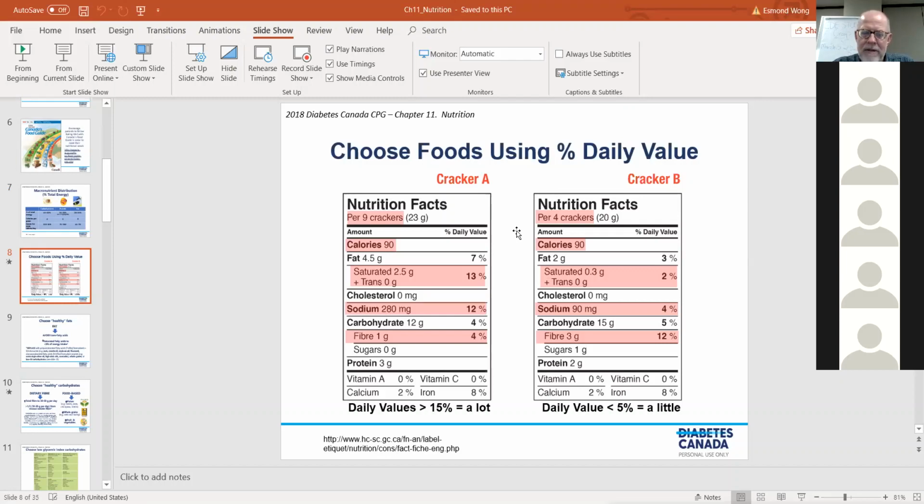So if you look at cracker A there, you can see that sodium for the 9 crackers is 280 milligrams. If you were counseling someone about blood pressure and they were trying to get a low sodium diet, you would say that those 280 milligrams of sodium are 12% of the recommended daily value of sodium. That is 12% of your total amount you should get for that day.